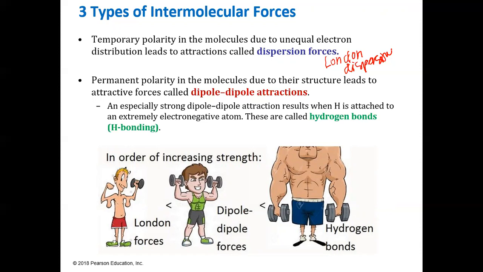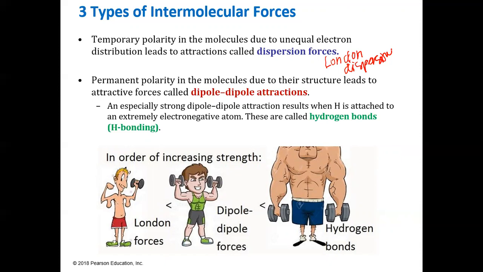So the positive pole aligns with the negative pole on an adjacent molecule, and they attract one another and hold that substance together. So everybody has London dispersion forces. If you have a polar molecule, not only do you have London dispersion force, but you also have a dipole-dipole force. Okay, then the third and strongest of these three is hydrogen bonding.